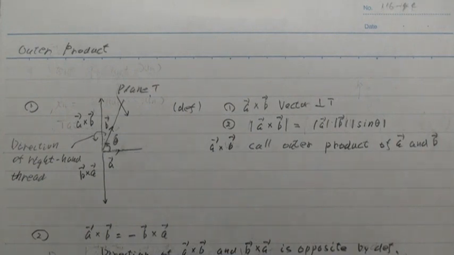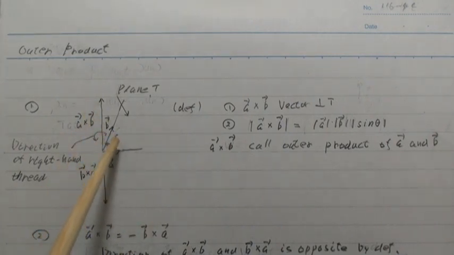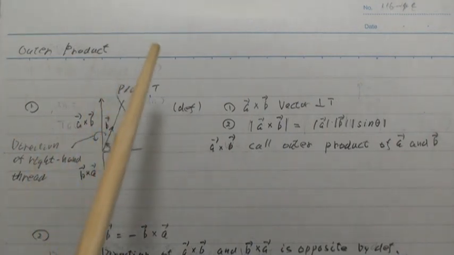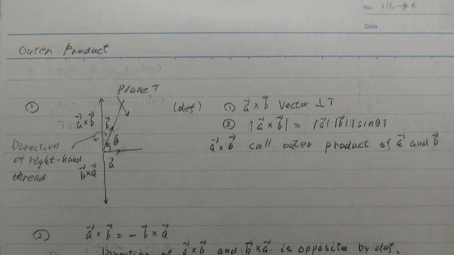Circle 1. In this graph, vector A, vector B, and angle theta, and this plane T, and vector A outer product vector B is this vector.